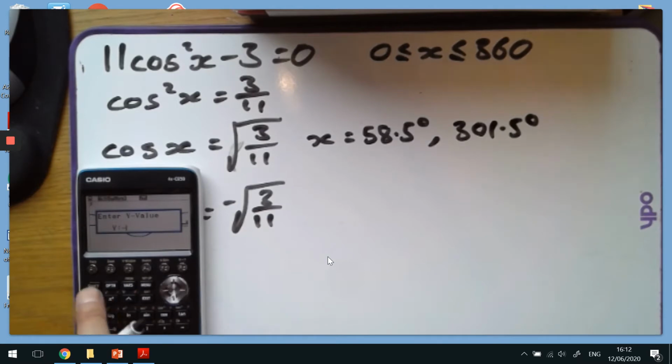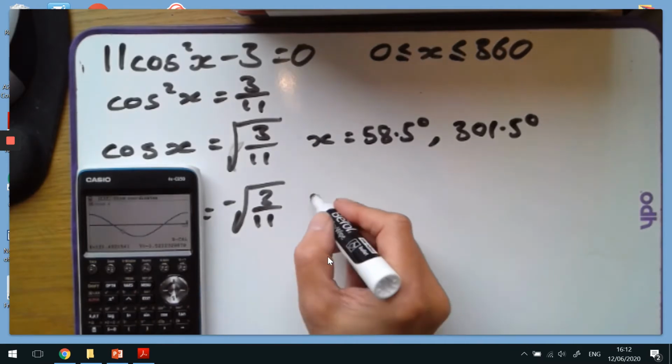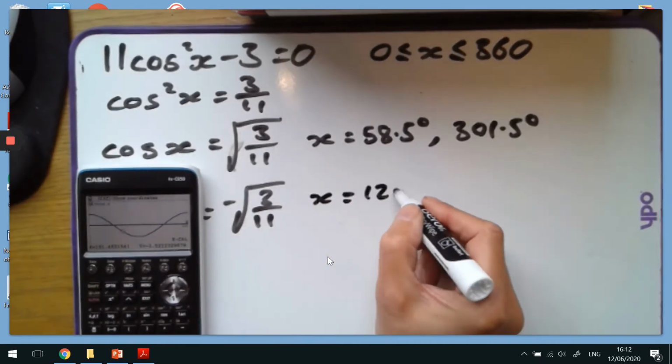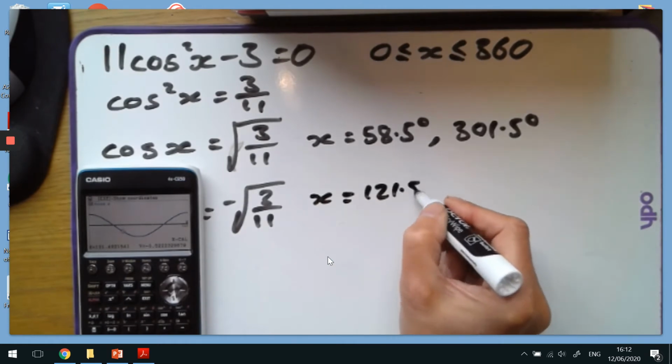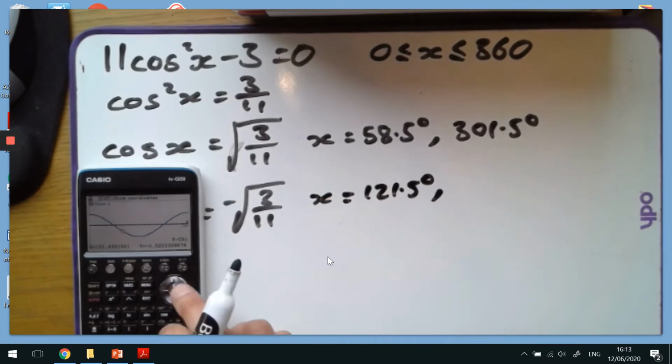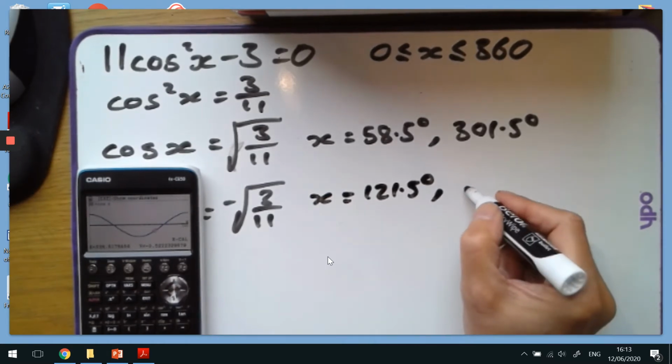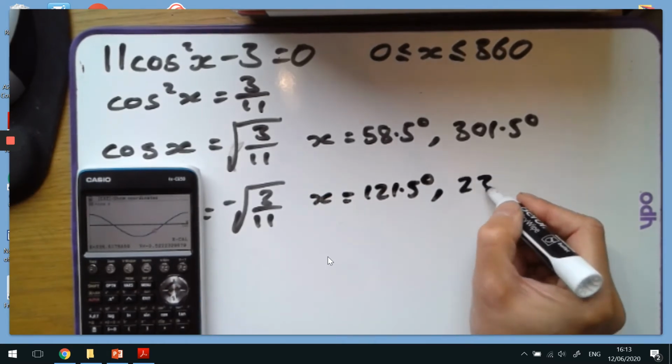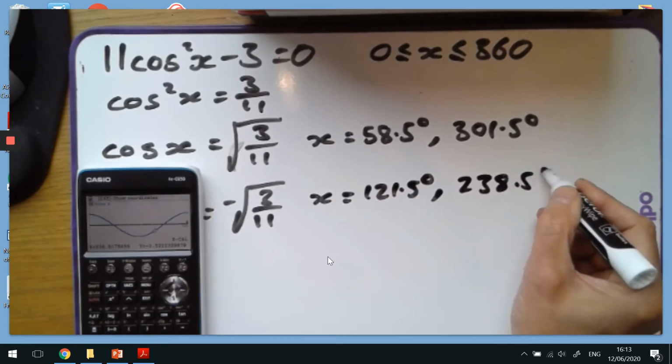So I've got minus the square root, I'm going to put it in brackets, 3 divided by 11. And I get x equals 121.5 degrees, and across, x equals 238.5 degrees.